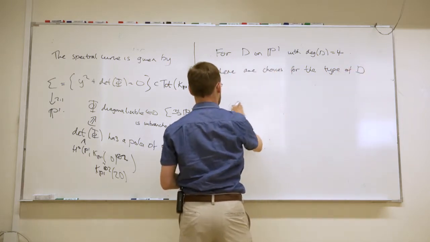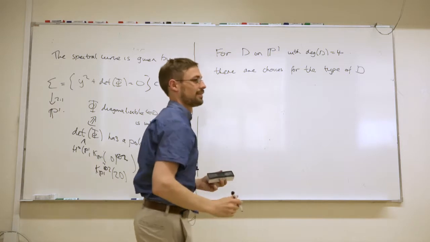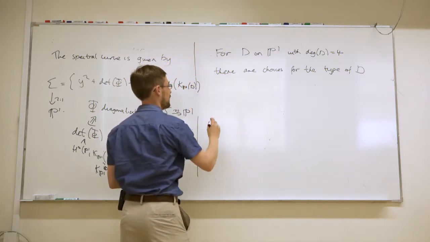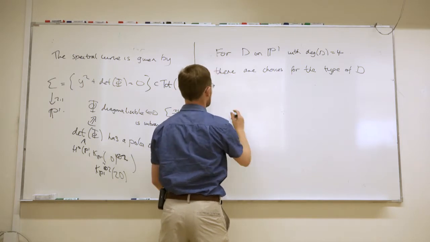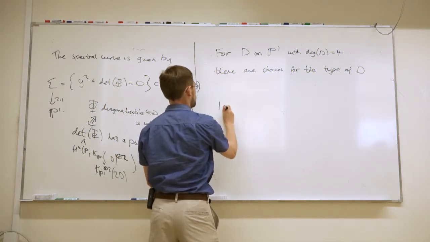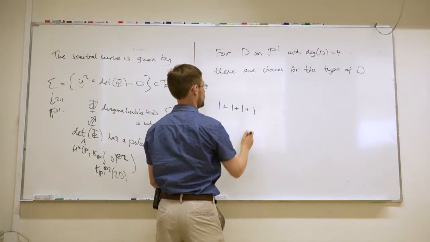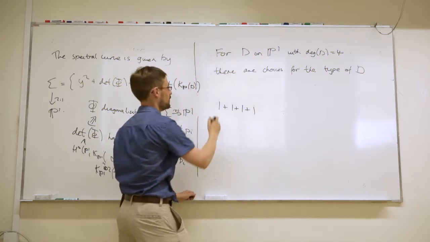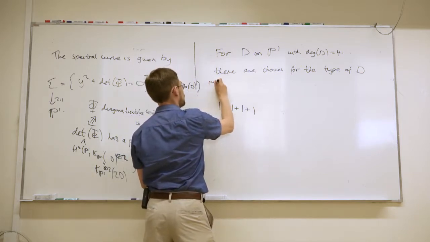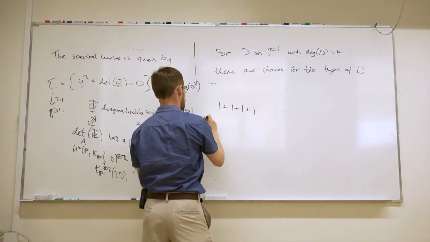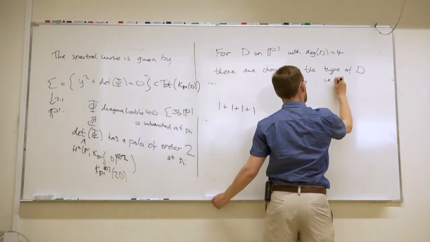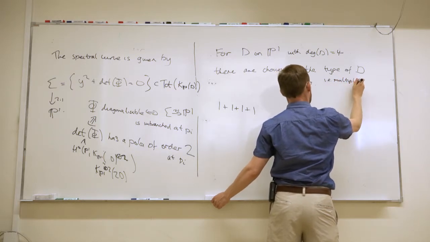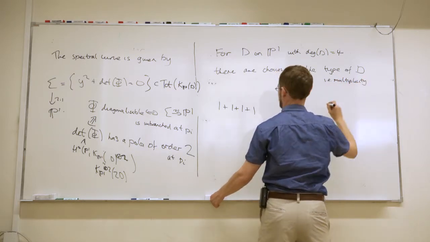If I just write the multiplicities of the points, then perhaps it will be clear. Generically, you have 4 points with multiplicity 1. That's the situation I've just been talking about.